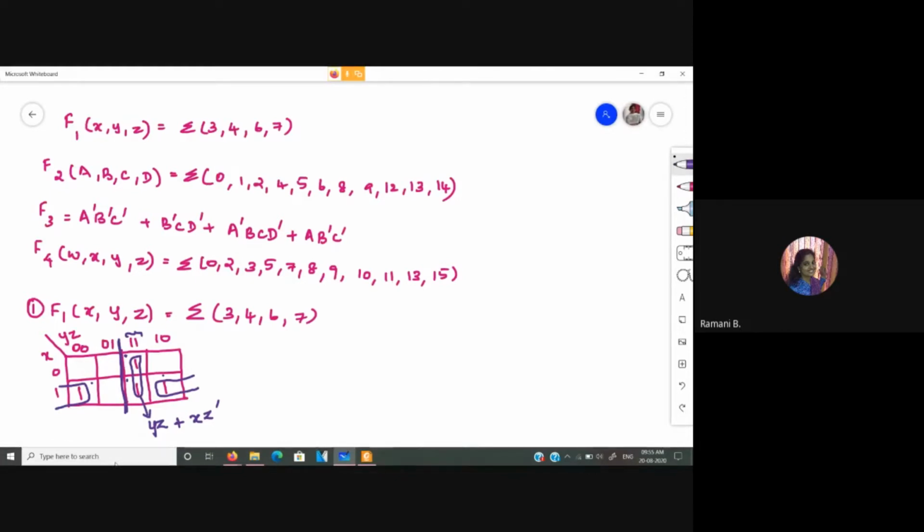Here one thing you have to notice: you may ask why can't I group it with this one, why can't I use this grouping?